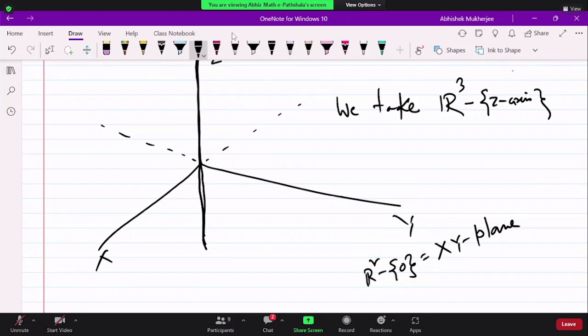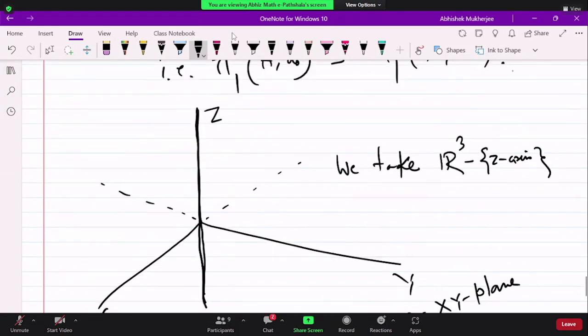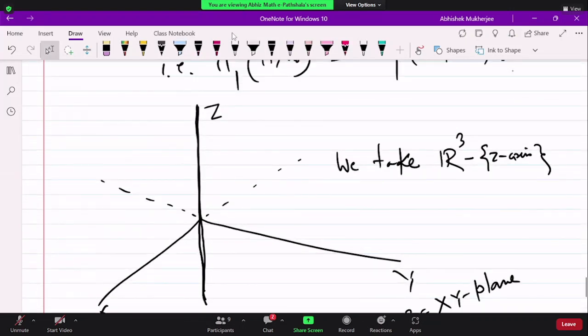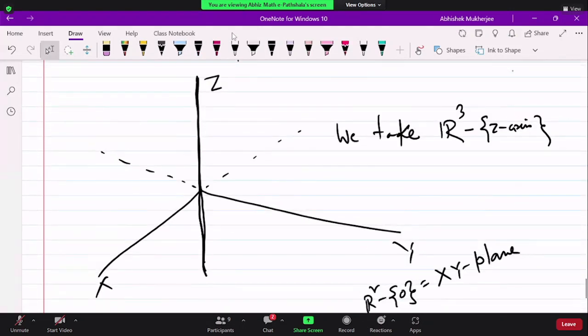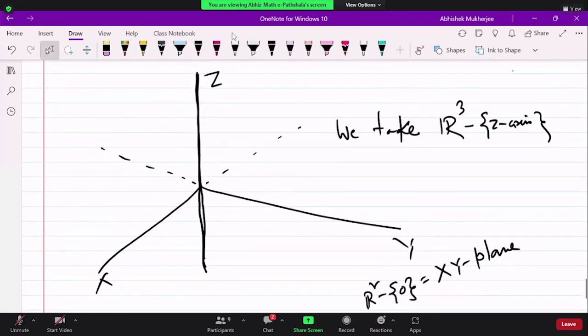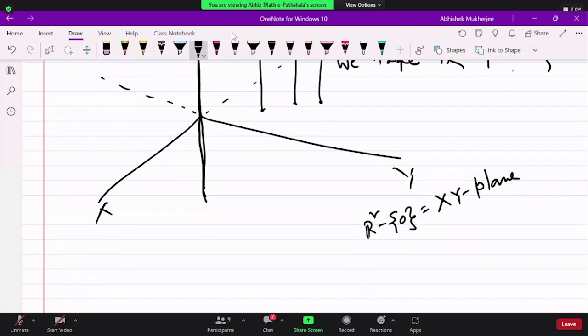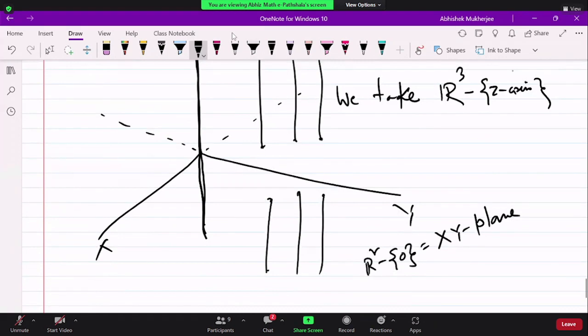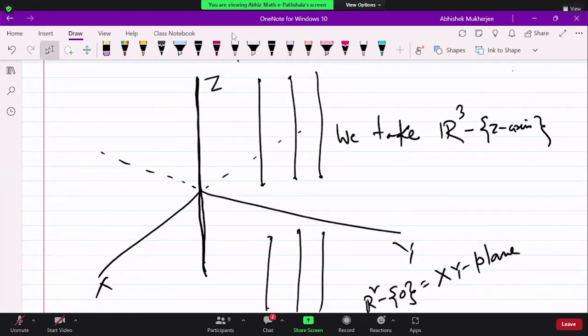Then what will happen? Then what you are doing, you are just crushing down the points in the upper half space to that XY plane by making these identifications. Right? And taking up all the points from the lower space to this XY plane. Then what will happen? Forget about that, you are deleting the Z axis.